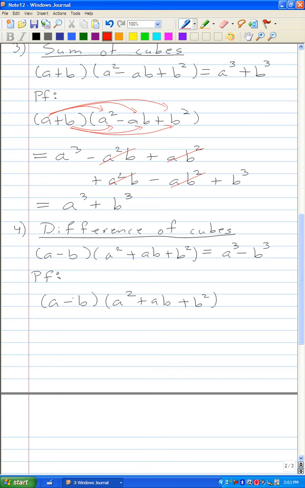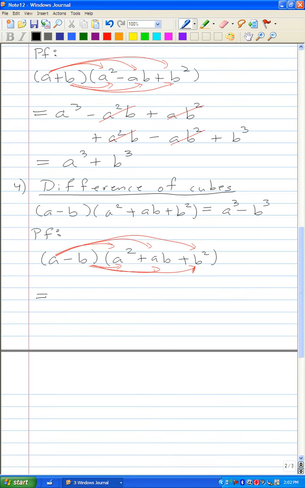So again, let's use distributive property, multiply everything by a, by minus b, and so you get a cubed plus a squared b plus ab squared minus a squared b minus ab squared minus b cubed.